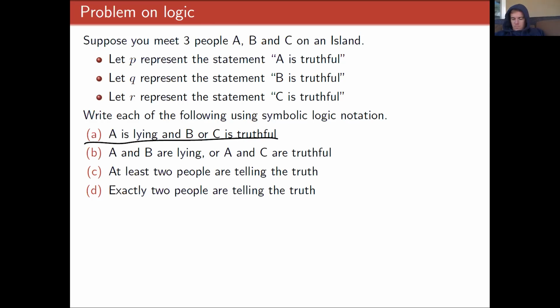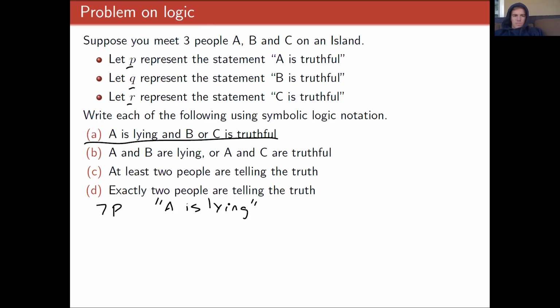So first we have that A is lying and B or C is truthful. How could we represent A is lying using either P, Q, or R? Negate P. Yeah, so we could negate P, and that would basically mean that A is lying. It's the opposite of the statement that A is truthful.